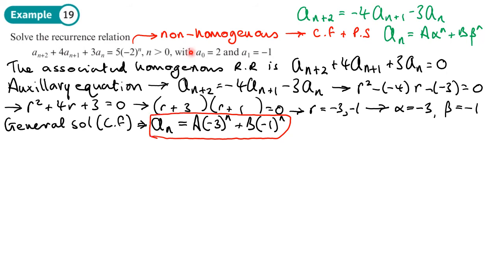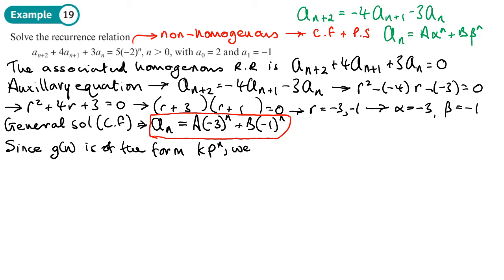Okay, the next thing is we move on to the particular solution. So we need to look at the form of g of n. Since g of n is of the form, now what have we got? We've got a constant times something to a power.